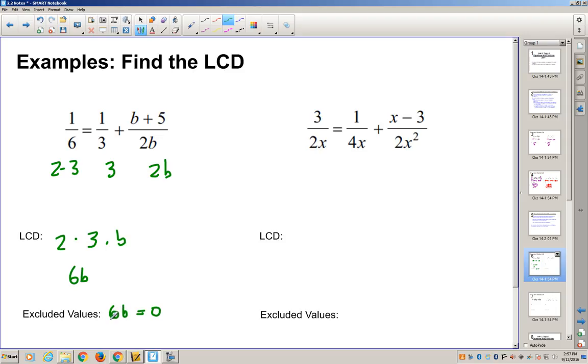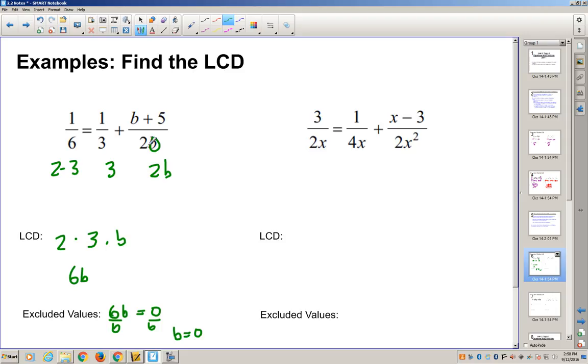So if we want to solve for b, we'd have to divide both sides by 6. That gives us b equals 0. And so that's an excluded value. b is not allowed to be equal to 0. If you think about it, if I were to plug 0 in up here, I would have 2 times 0, which would give me 0, and then I'd be trying to divide by 0, which we can't do.